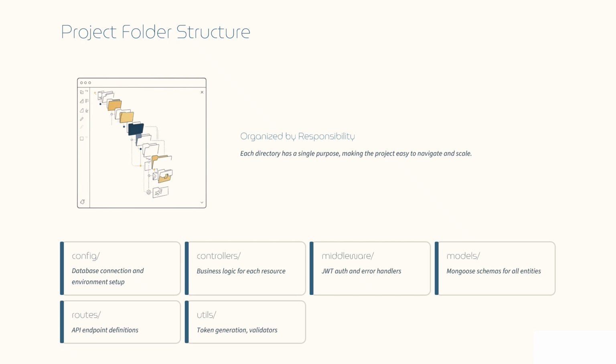Models define MongoDB schemas. Routes manage API endpoints, and utility files contain reusable helper functions such as token generation and validation. This structure makes the project easier to manage and scale.